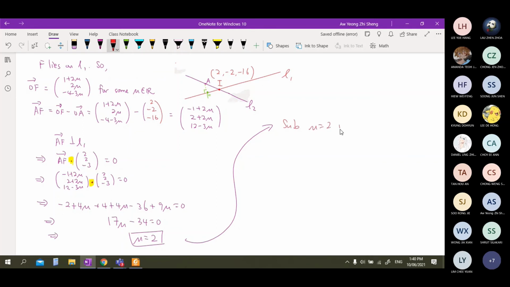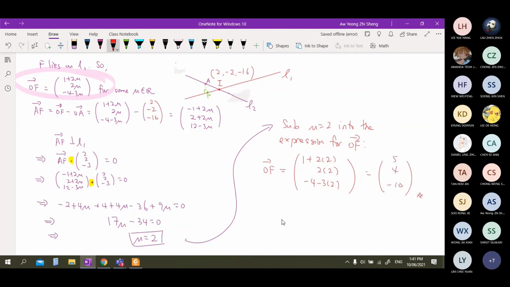Sub mu equals 2 into the expression for OF, which is at the first step in this part. 1 plus 2 by 2, 2 by 2, minus 4 minus 3 by 2. Okay, done.